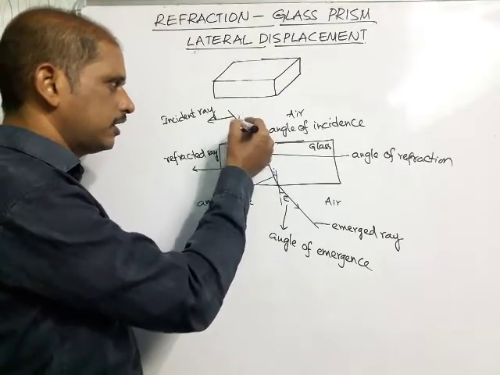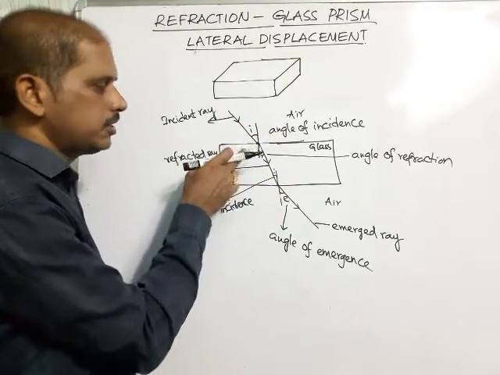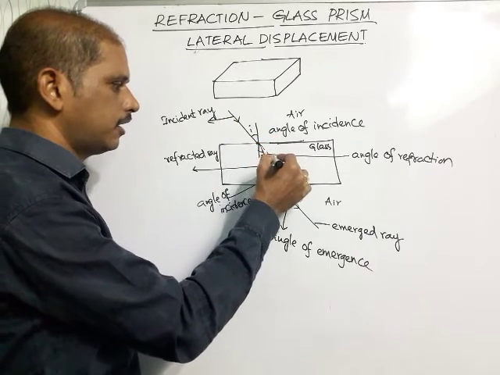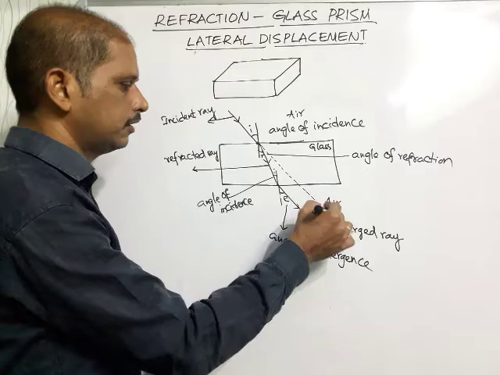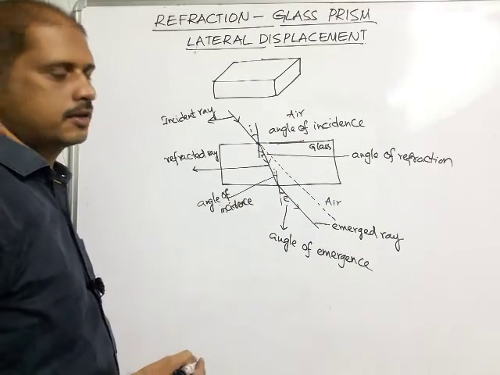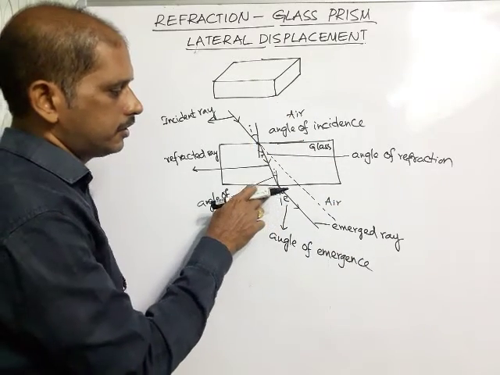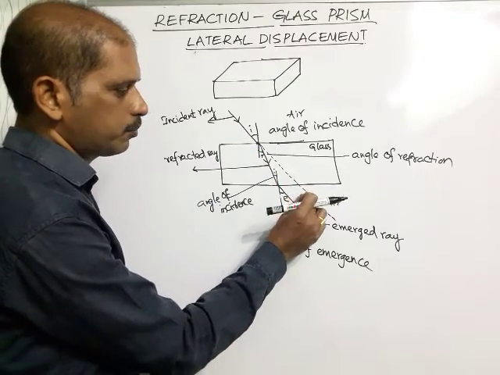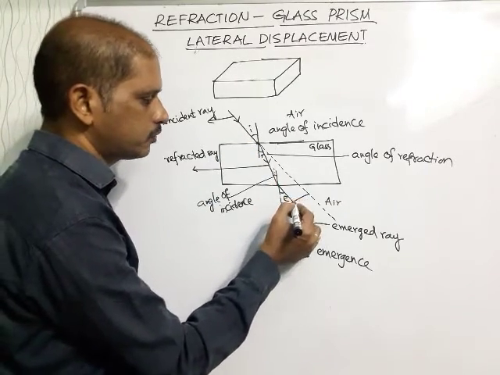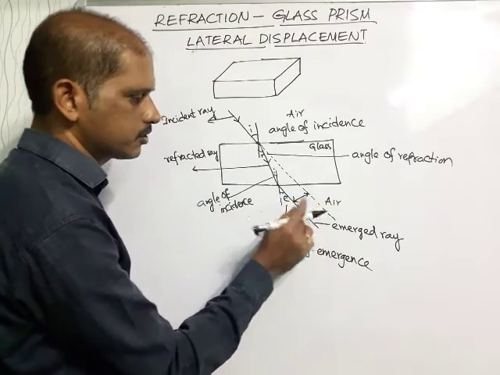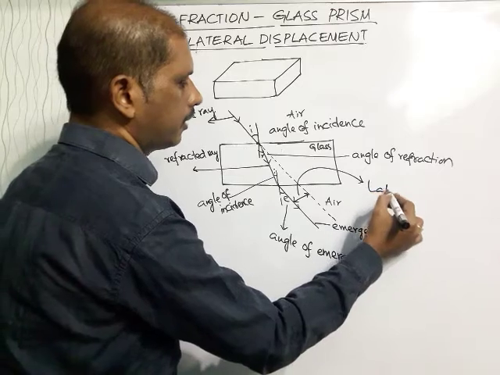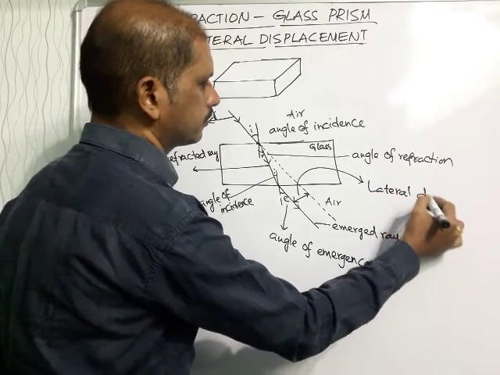If you extend the incident ray, if you imagine that this glass slab is not here, the light ray passes in a straight line. If you extend the light ray like this, then you can see this is the emerged ray, this is the incident ray. There is some perpendicular distance between these two. This perpendicular distance is called lateral displacement.